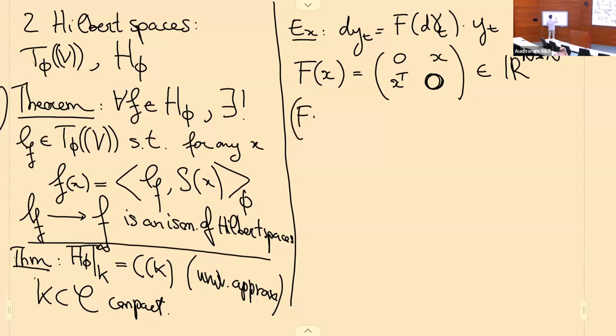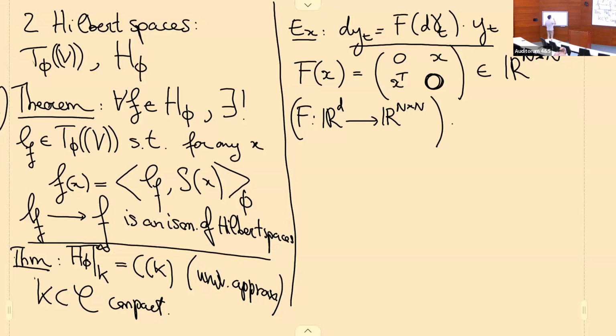So F is a map from R^d into R^(n times n). This type of equation is known in some literature as the hyperbolic development, because it's essentially a type of Cartan development of the path into a hyperbolic space, but we don't care about the geometric structure in this example.